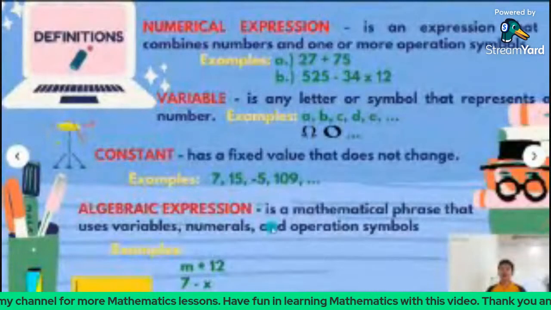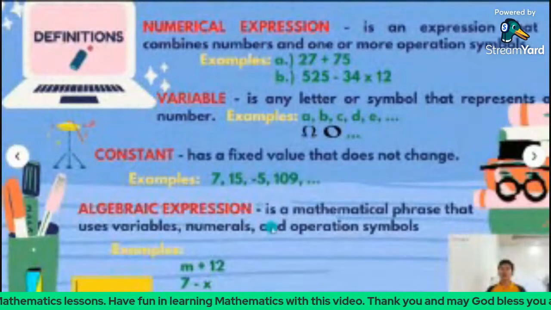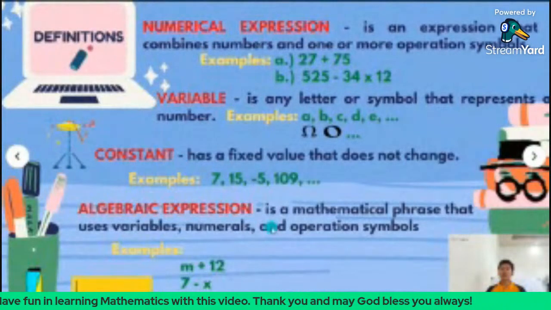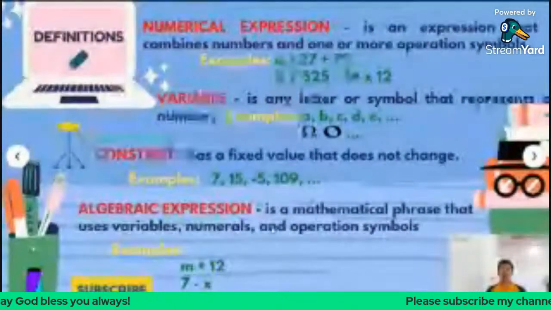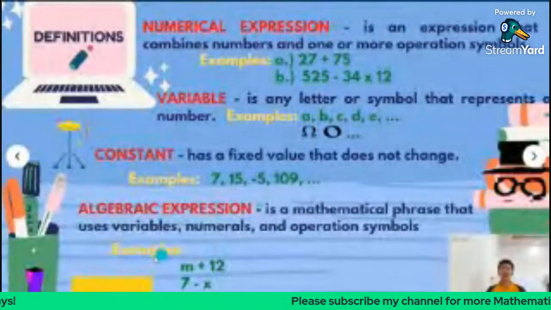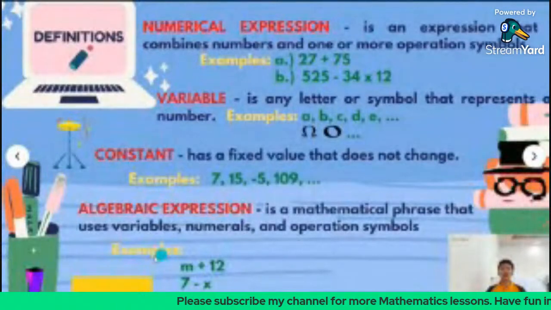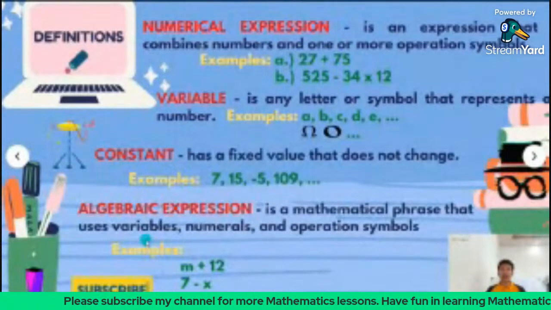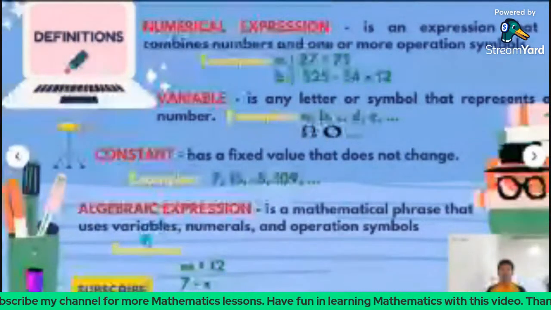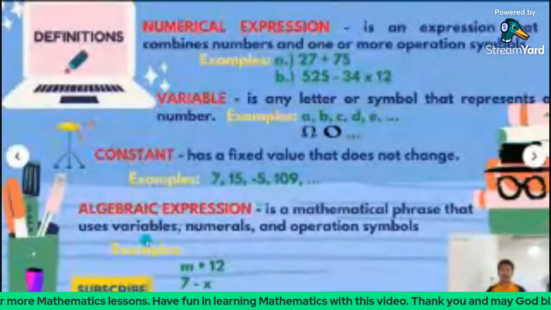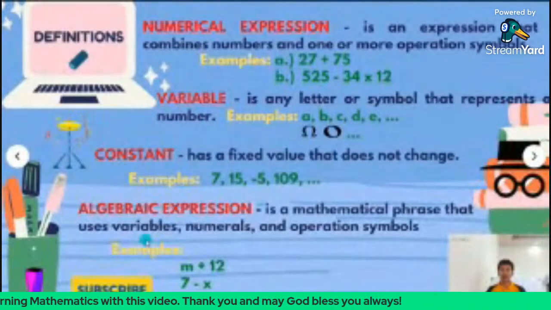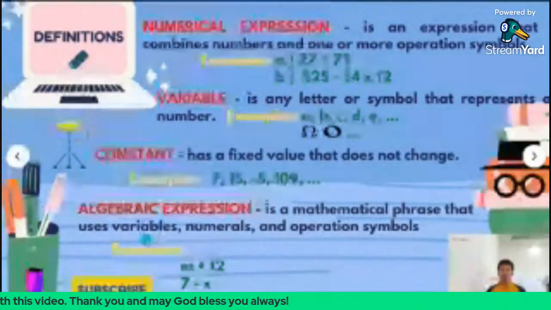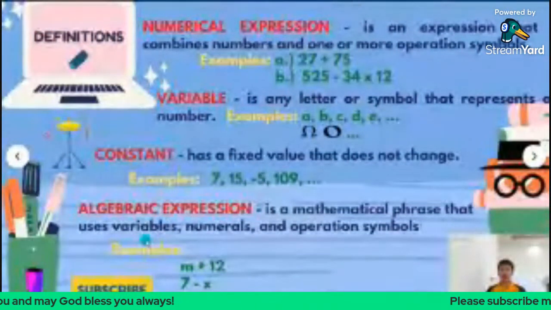For addition, the keywords will be addition, plus, the sum of, increase by, total of. That would be for the addition symbol. And for the subtraction symbol, we have the keywords and phrases subtraction, minus, the difference of, less than, decrease by, diminish by, subtracted from, or less.